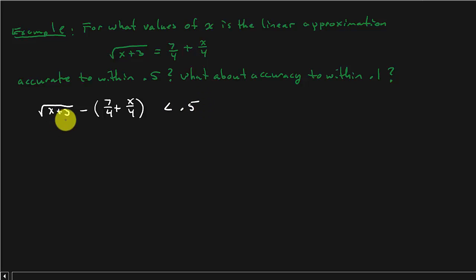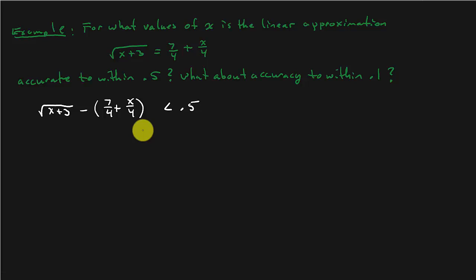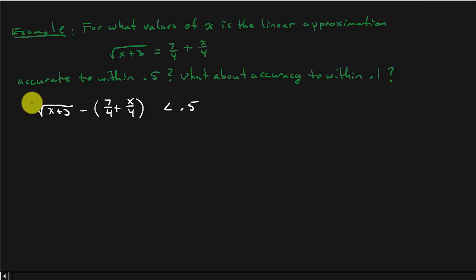But remember, sometimes when I do this minus this, I may get a positive number. I may get a negative number. Okay, so basically this needs to be within negative 0.5 and 0.5. How would I write that? That would be the absolute value of this, right?